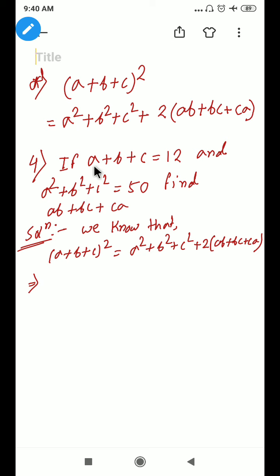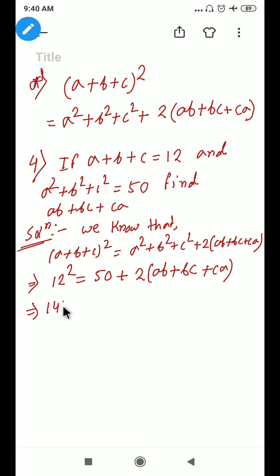The value of a plus b plus c is given as 12, so this will be 12 square. The value of a square plus b square plus c square is given as 50, so this will be 50, and this will be as it is. Now 12 square is nothing but 144. This is 50 plus 2 into ab plus bc plus ca.